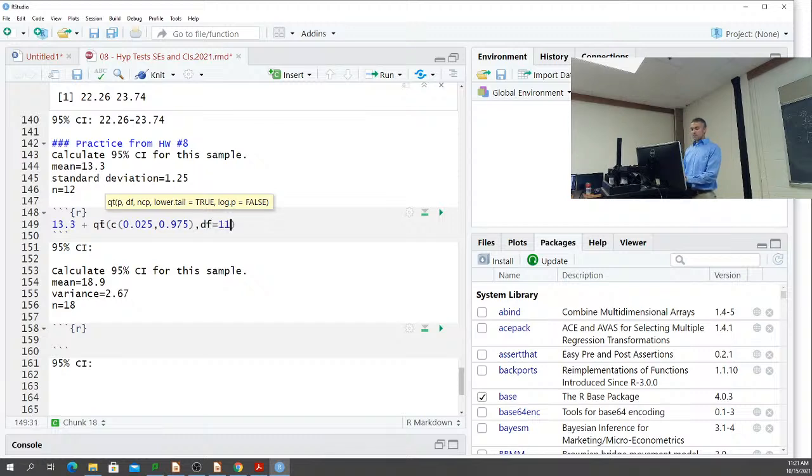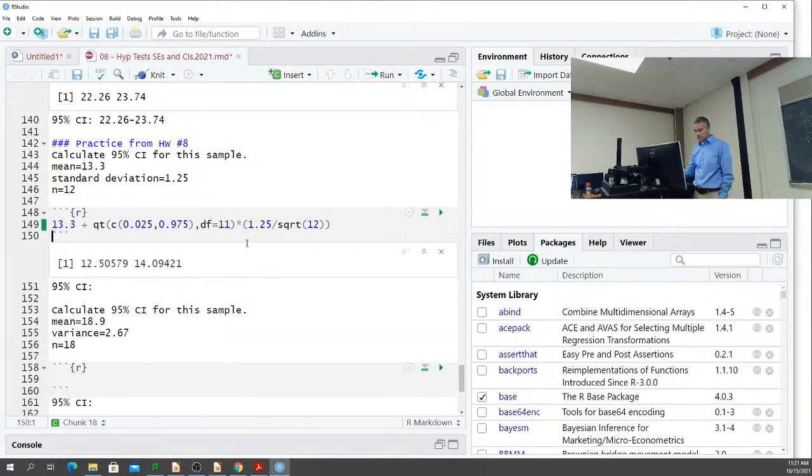Our degrees of freedom is 11, and we're going to multiply it by our standard error, which is 1.25 divided by the square root of our sample size. If it makes it a little easier, we can always use parentheses to specify our standard error is this value, 1.25 over the square root of 12. And when I run that, I get these confidence intervals. And I rounded here.